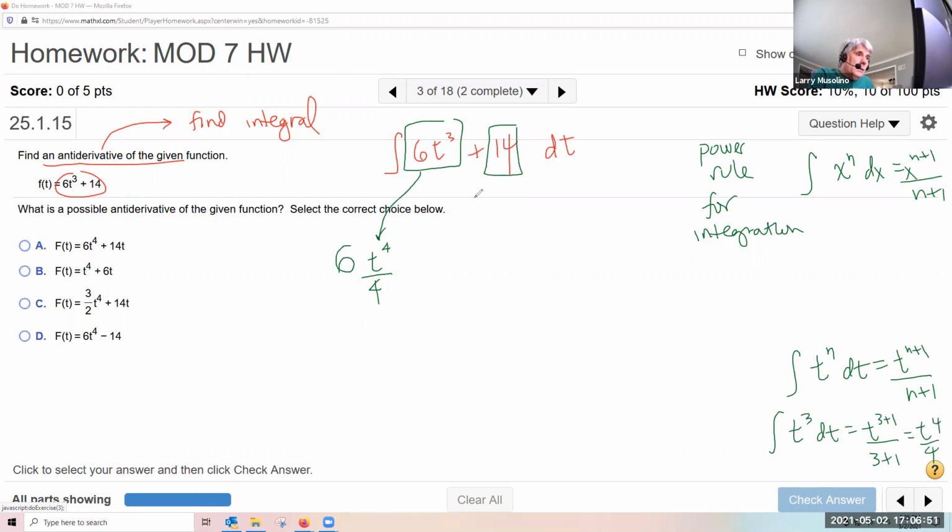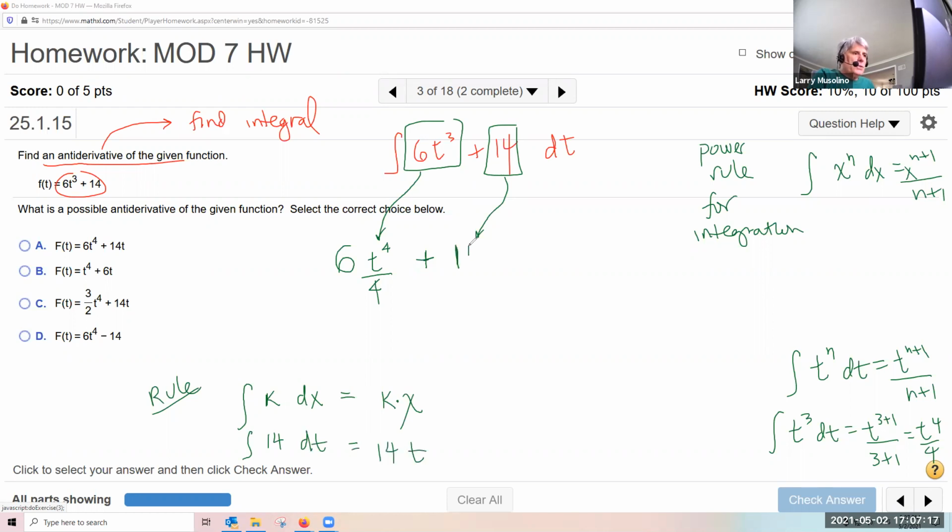All right, now I need to take the integral of just a constant out here. Well, it turns out there's a rule that says if you take the integral of just a constant, dx, it's equal to the constant times x. So if I take the integral of 14 dt, that is going to get me just 14t.